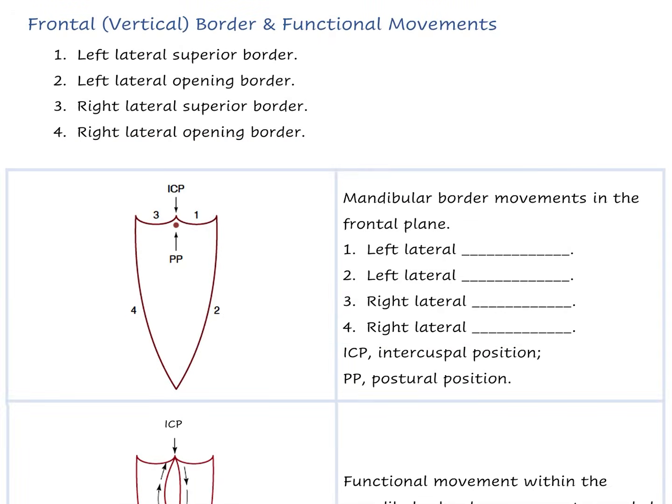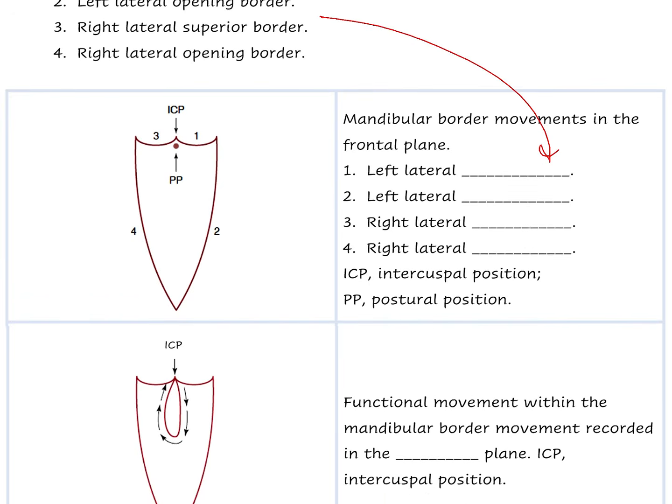And then lastly, the third plane is the frontal plane or the vertical border movements, which is the easiest. It gives you a shield shaped tracing. The same information fills here. Now, starting from your intercuspal position, you will see there is a little difference between centric and intercuspal position. If you take your jaw on the right and left, you will get these kind of borders followed by protrusion or opening borders.